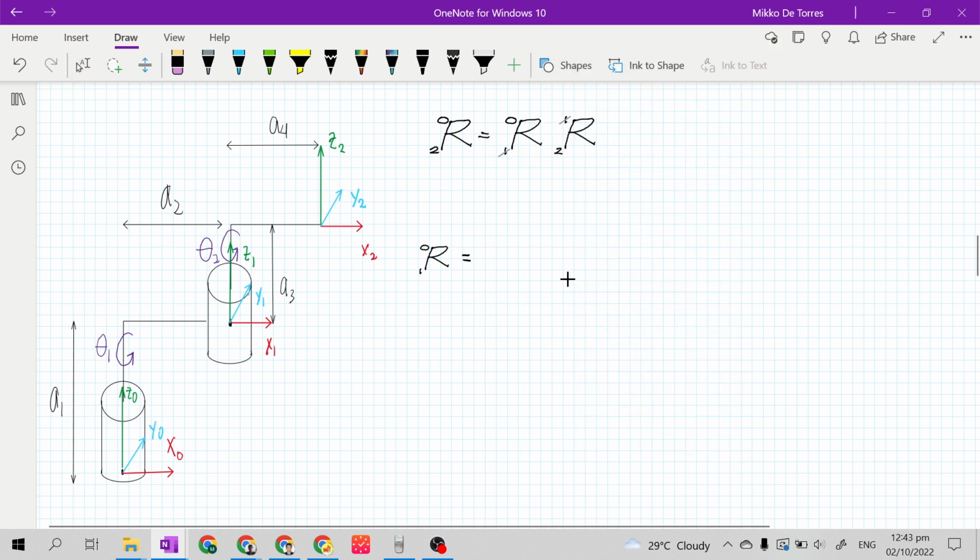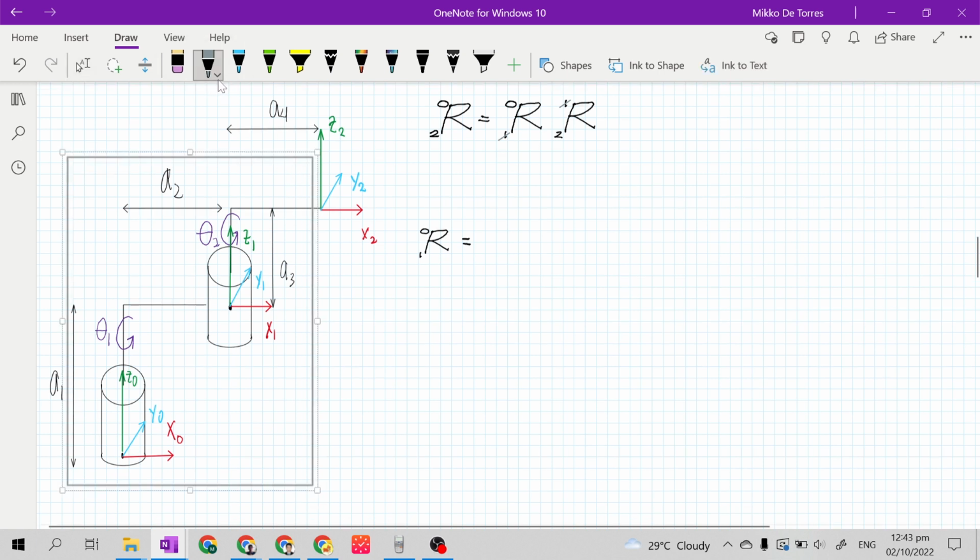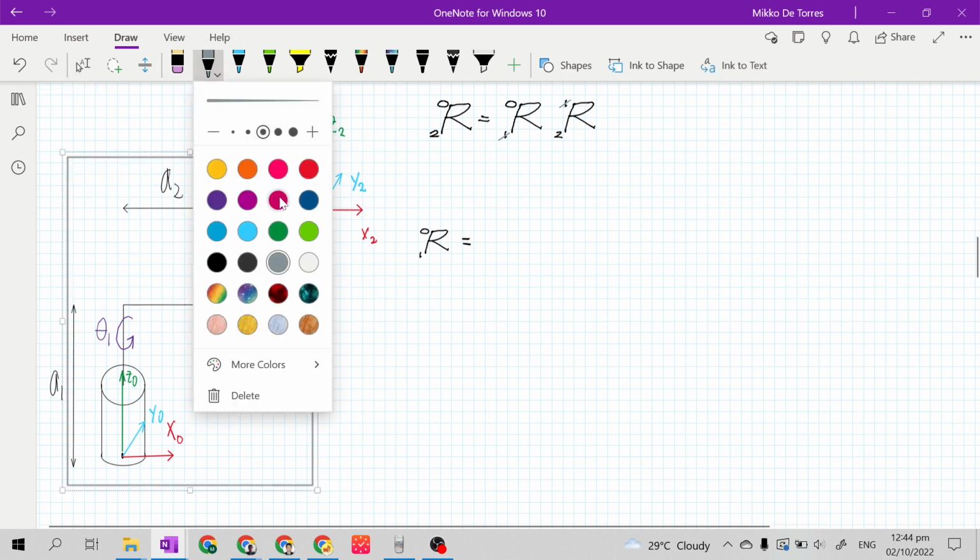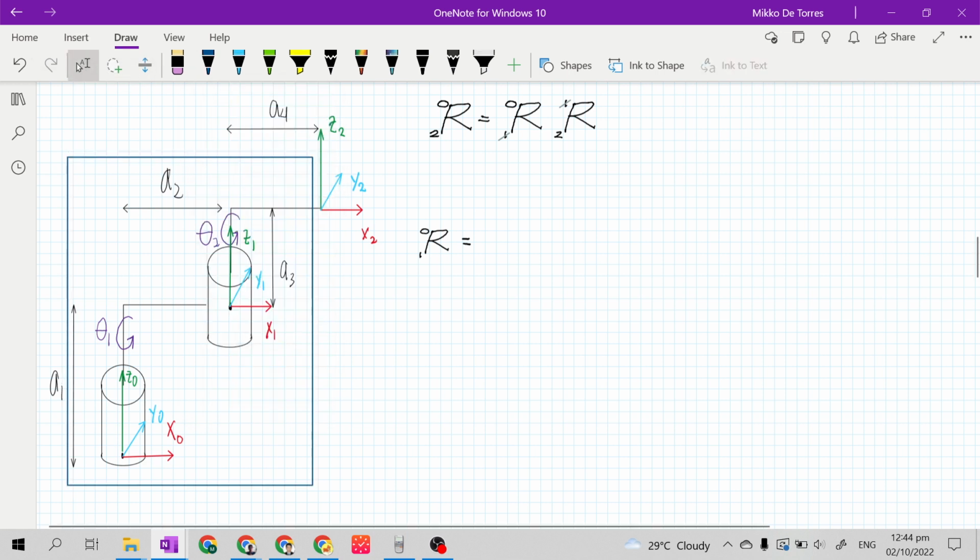So let's draw a dark blue square here. What we will observe here is the placement of our rotation angles. So we have here theta 1 and theta 2.